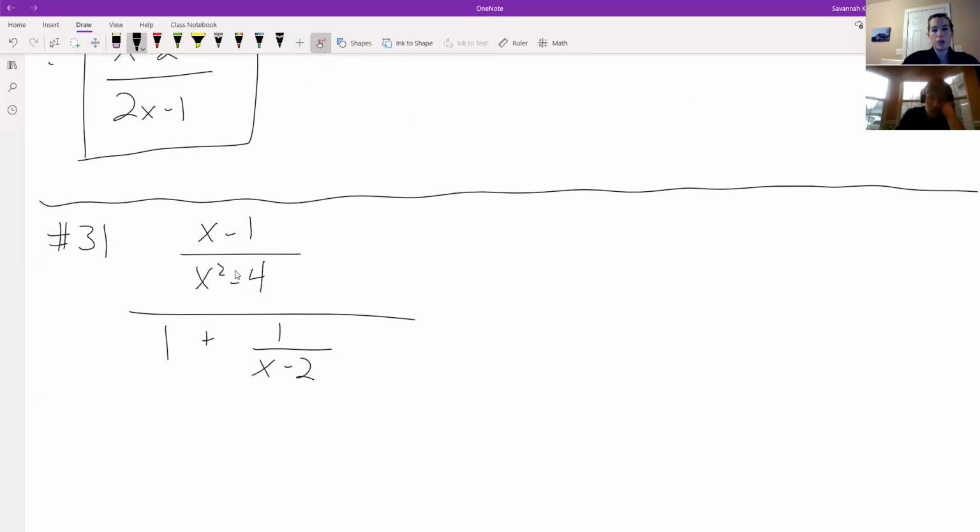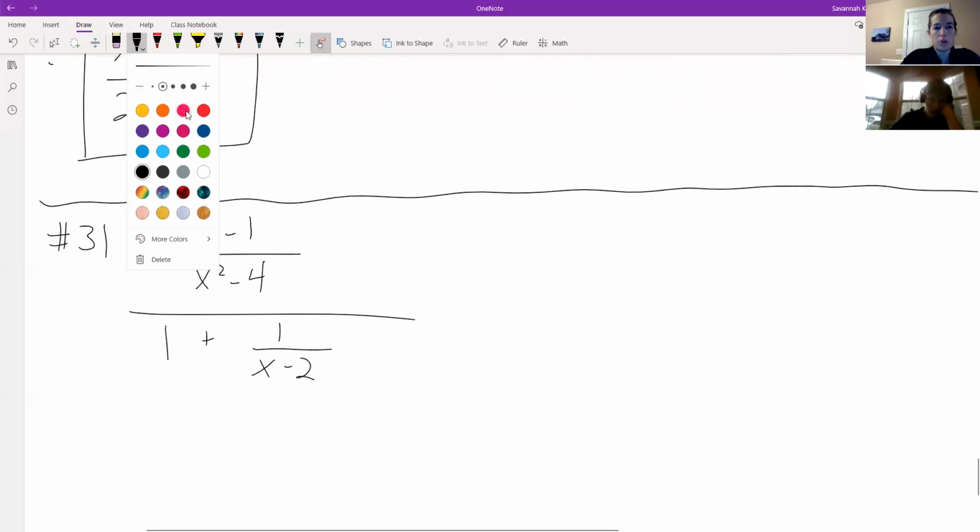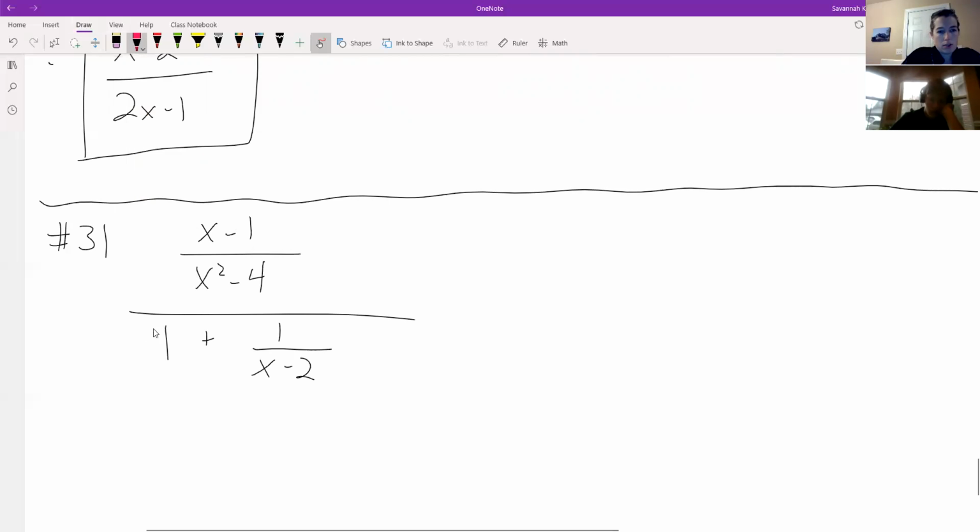Here I've got, just big picture, it's nice to take a few minutes and just kind of figure out overall, what am I looking at? I have a single fraction up top. I have two separate things below, and I can just remind us that both of the things down under here are fractions in and of themselves.